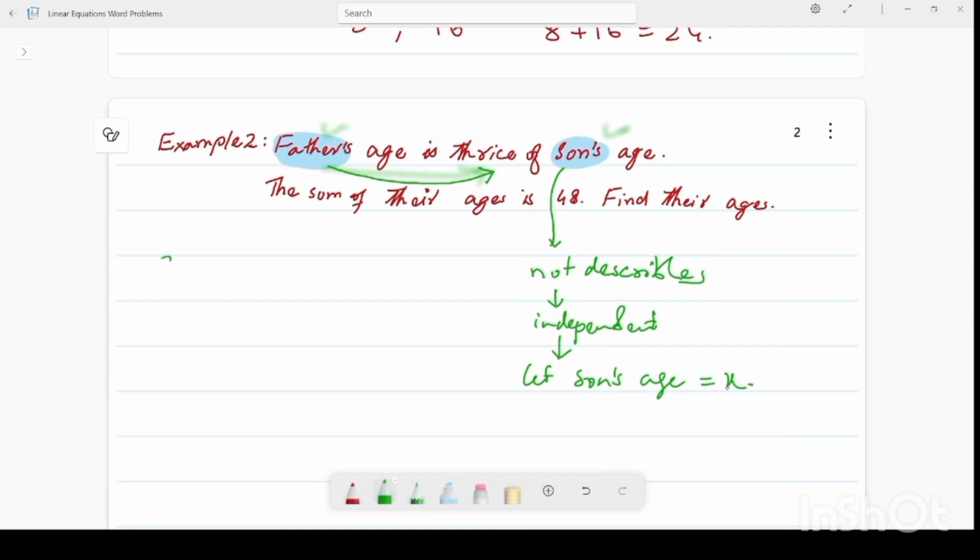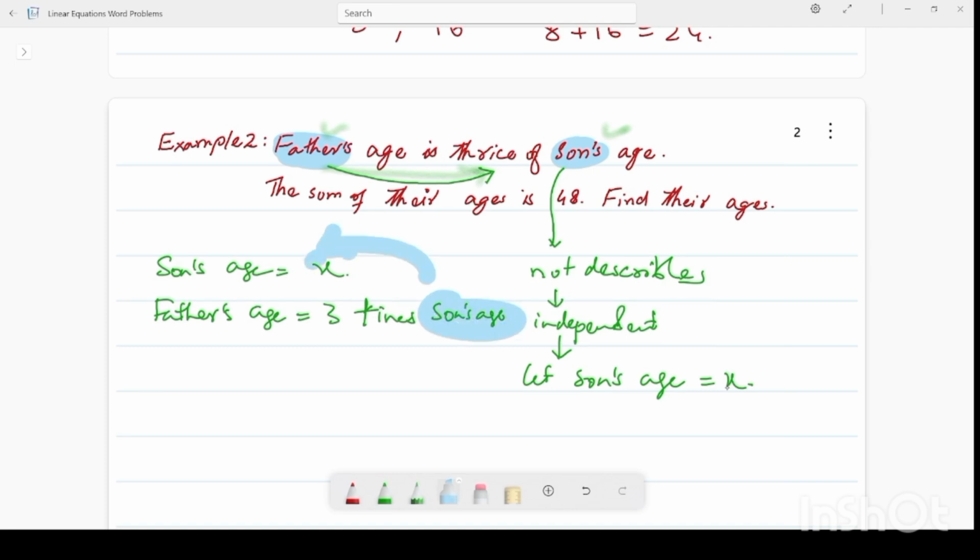So son's age is x, and father's age, because it is dependent, says 3 times son's age. But the son's age is already defined here as x. So we'll say that this is actually 3 times x.